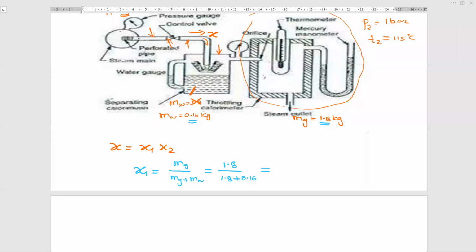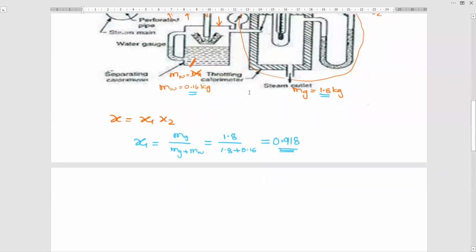Okay, what is your good name? Yashwant. Okay, good. 0.918. So I hope all students have got this value. 0.918 is the right answer.